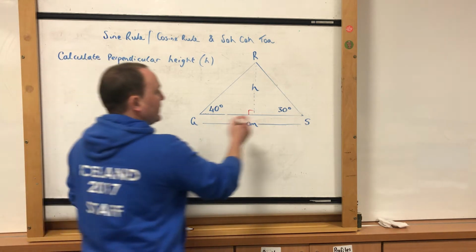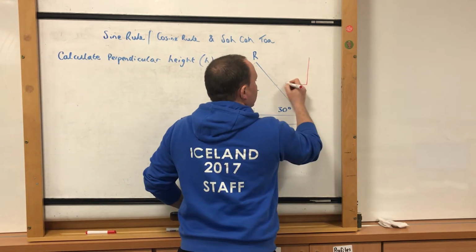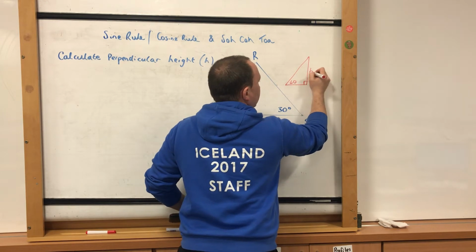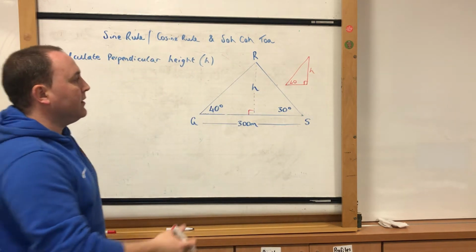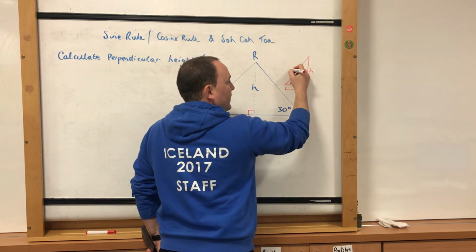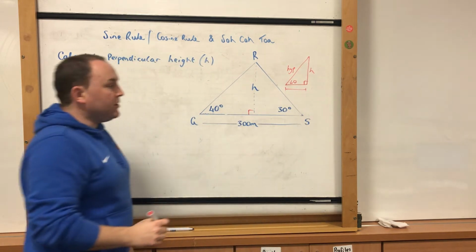Now using SOH CAH TOA, to find AH, you'd have to have another side, okay? You'd have to have either the adjacent or here the hypotenuse.